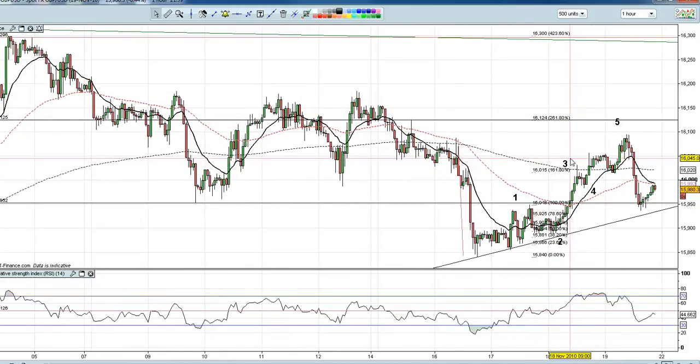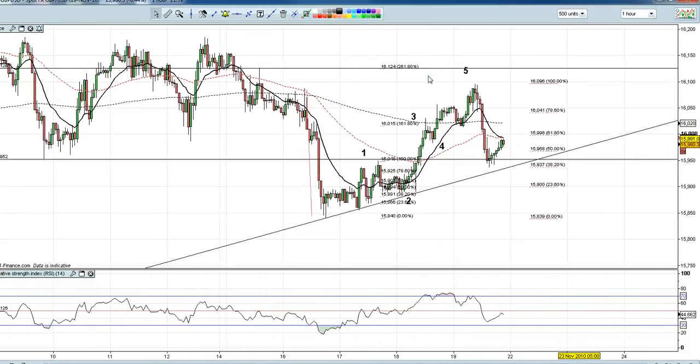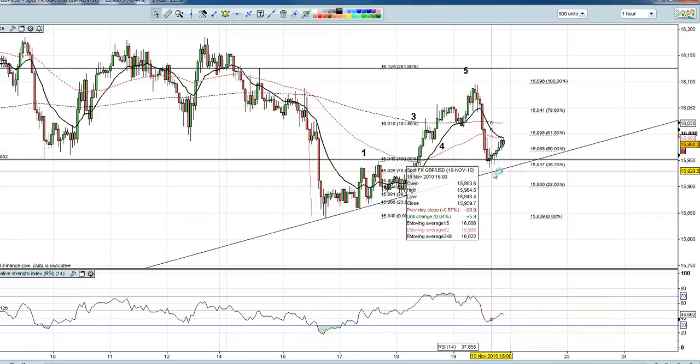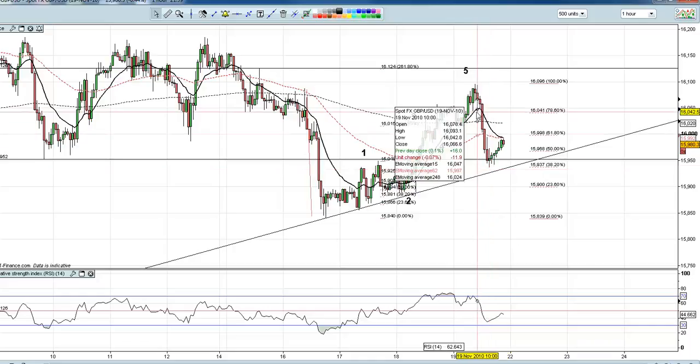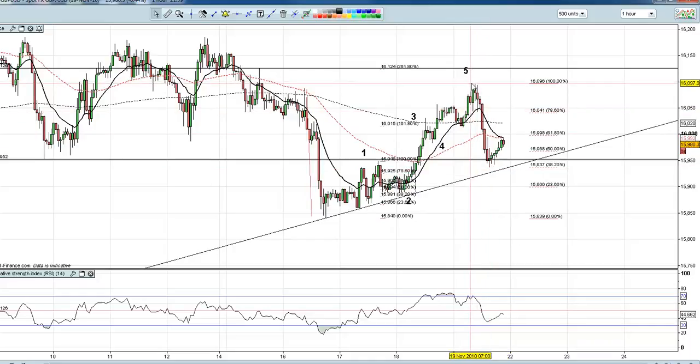And the rally back up, third wave was looking good, quite impulsive, short fourth, and then up to 5. The only thing that worries me slightly is the aggressive move down on Friday. Okay, quite an impulsive move down from about Friday lunchtime or Friday morning, about 10 o'clock, on no news either.